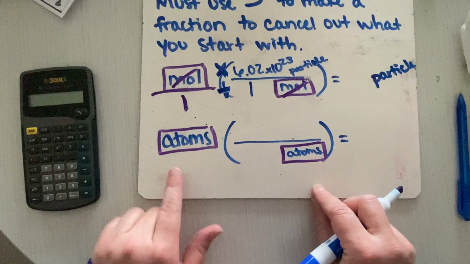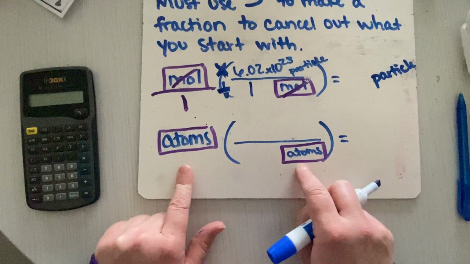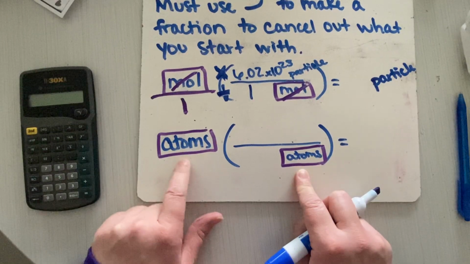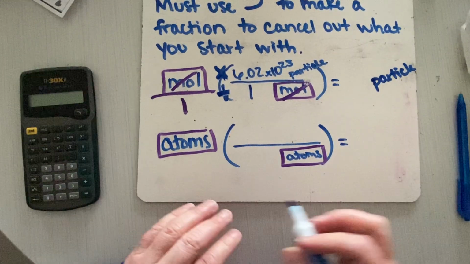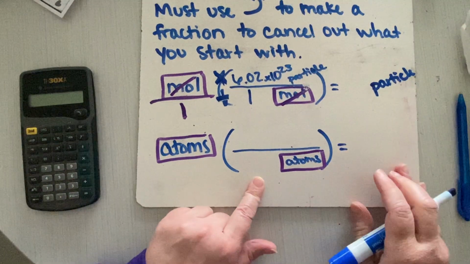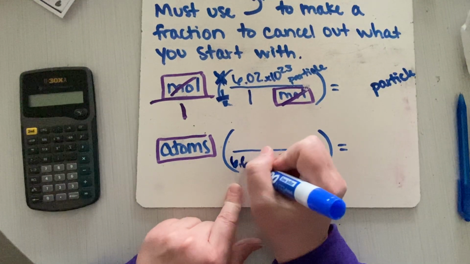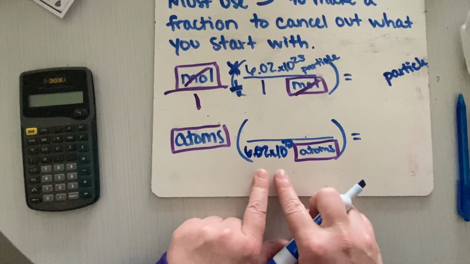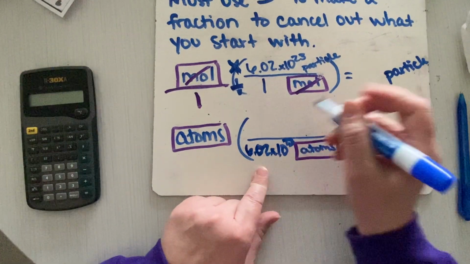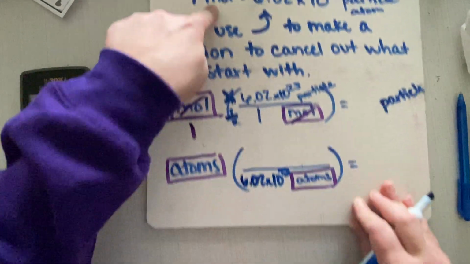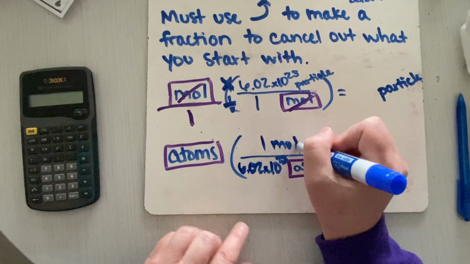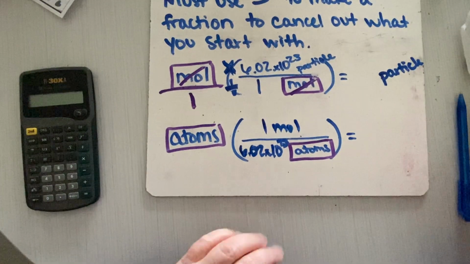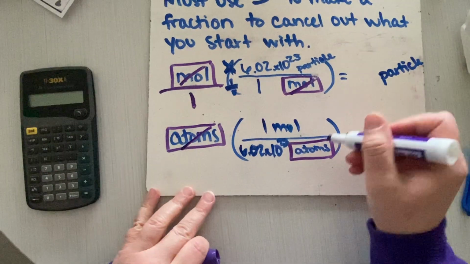If we start with atoms, then our atoms value is going to be on the bottom. So we would have atoms is going to be the same as our particles, the 6.02 times 10 to the 23rd. I apologize, it's kind of scrunched together. And then we'd have our 1 mole on top, which is then going to allow for our atoms label to cancel.